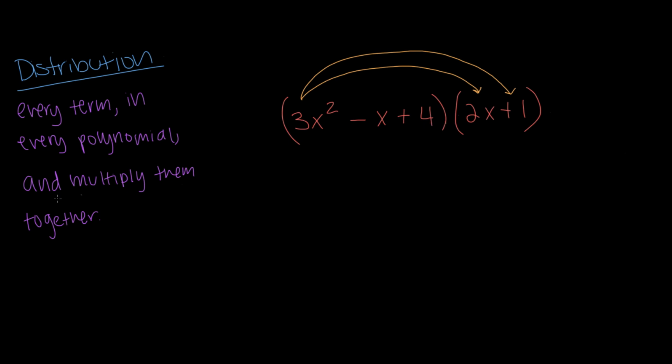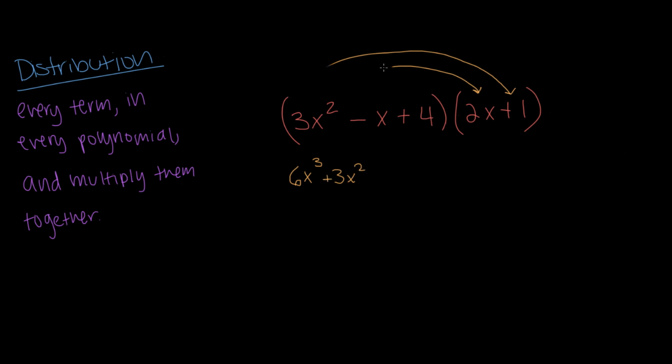So we have 3x squared, and following the first arrow, we get to 2x. So 3x squared times 2x gives us 6x cubed. Now we follow the second arrow from 3x squared to 1. So 3x squared times 1 gives us 3x squared.